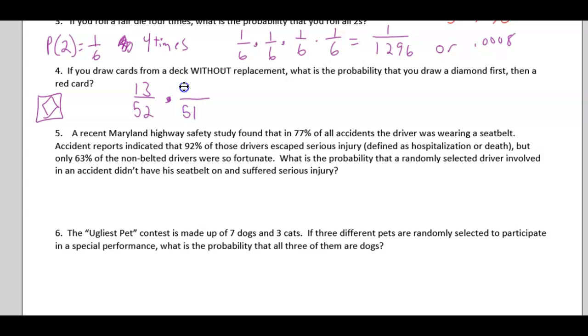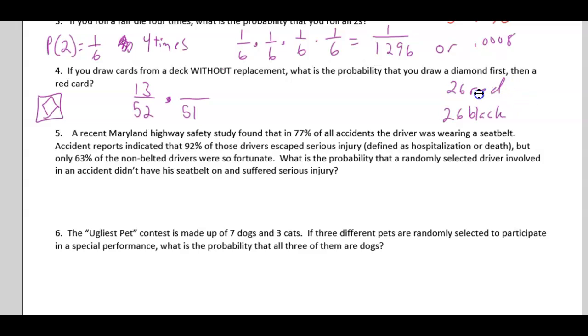So now I'm about to have my second draw, but this time I'm looking for a red card. And how many red cards are in the deck? Well, think about it. Half the deck is red and half is black, so there are 26 red cards and 26 black.